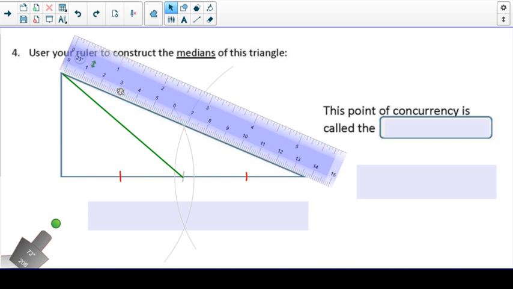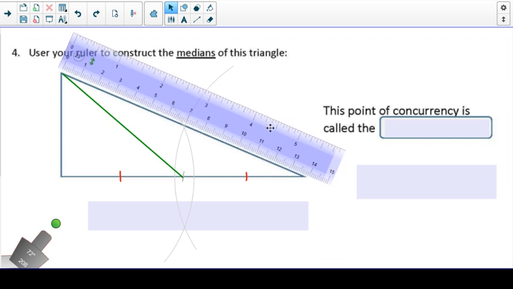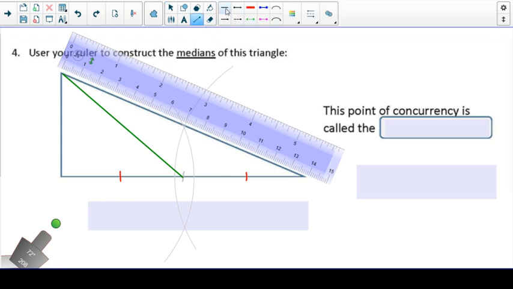With the ruler, mine ends up being about 14 centimeters. Yours would be different just because yours is on the paper. Mine's blown up here on the screen. So half of 14 centimeters would be 7 centimeters.